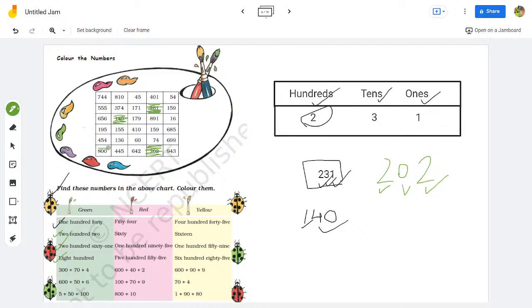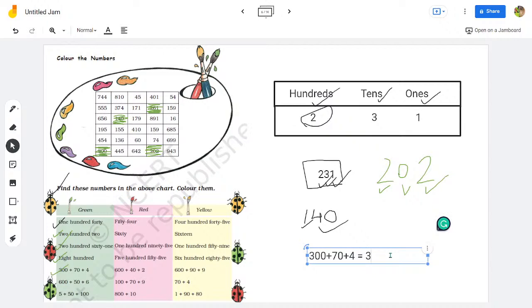This is 800. Now the next one they are saying is 300 plus 70 plus 4. If we try writing that all together as a number, 300 plus 70 plus 4 means we have 3 hundreds, that means we have 3 in the hundreds column.